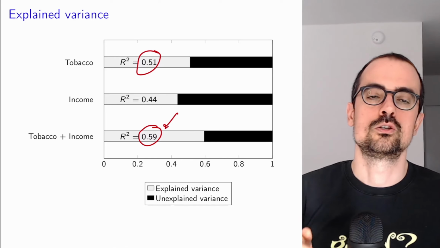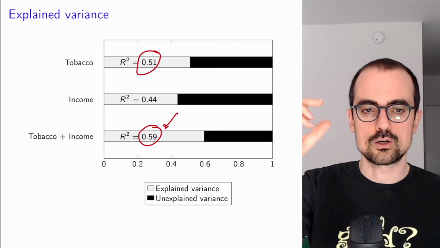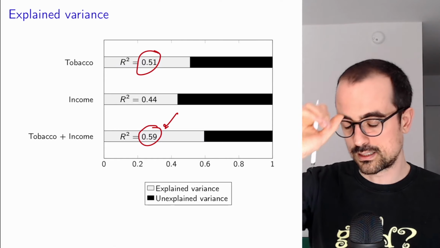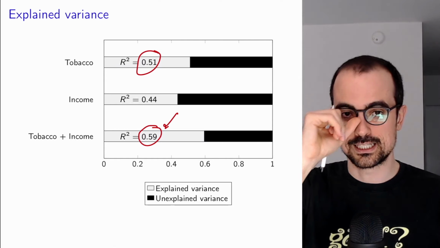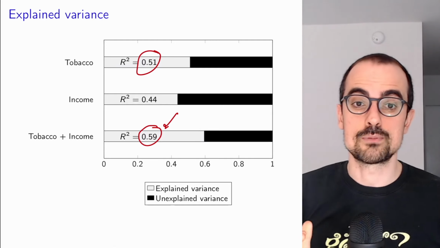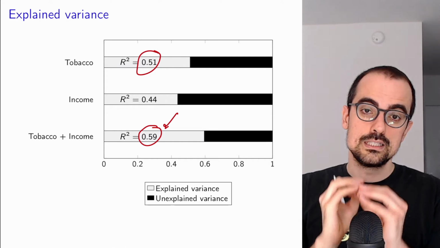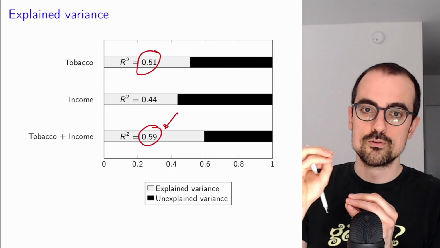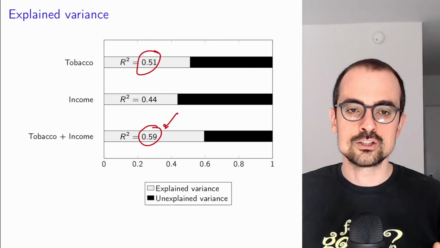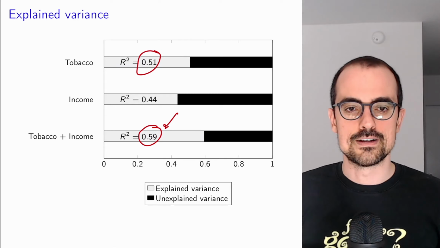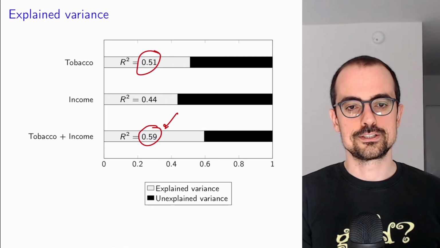There's some part of premature mortality explained by income which is not completely explained by tobacco. And this is an example of the importance of using this technique of adding or removing variables to the model to see the effect on the overall explained variance, as opposed to just looking at the coefficients.